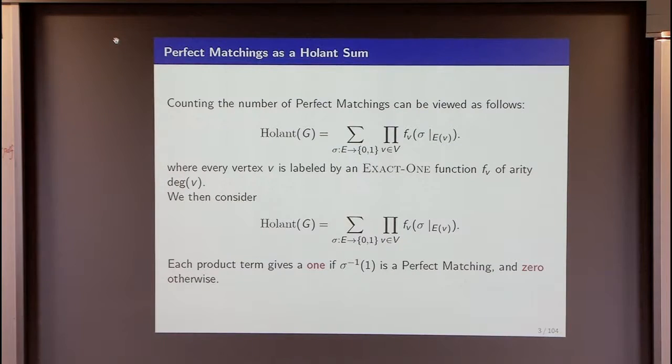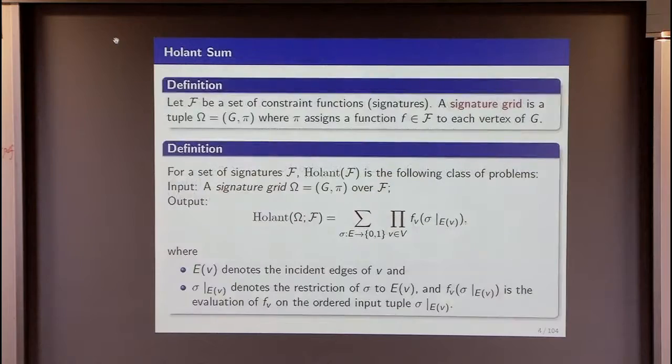Right? So this is just a way of formalizing. It's like expressing your satisfiability problem as a constraint satisfaction problem or something. You just write down a particular set of functions that will talk about this problem.